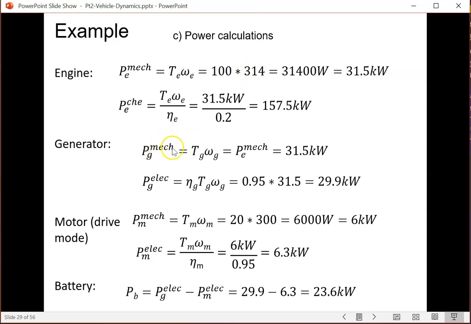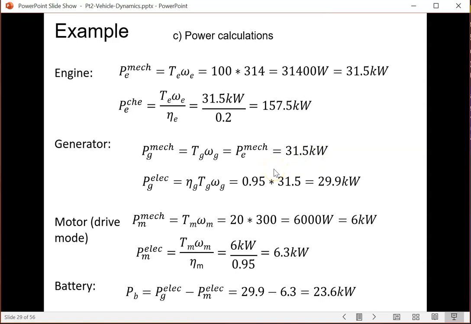So PG mechanical equals Tg times omega g, the same as the mechanical power of the engine. That's output from the engine and input to the generator. They are the same, 31.5 kilowatts.